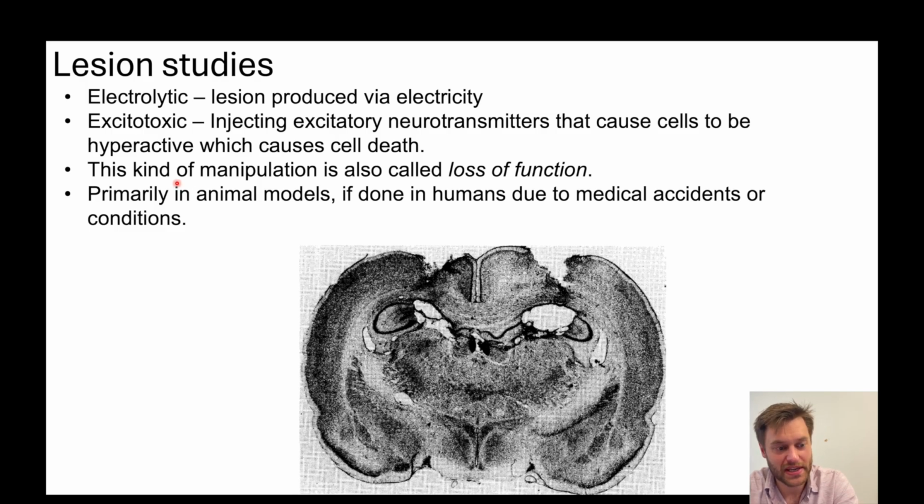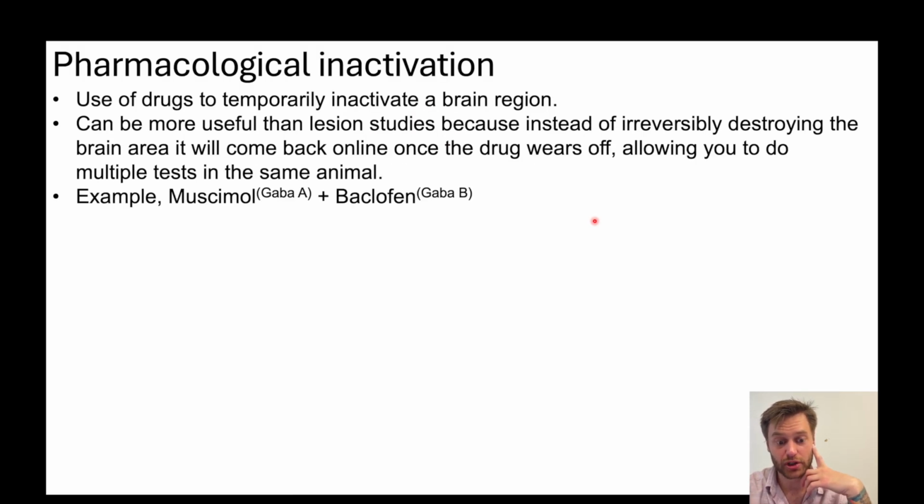What you need to know from this is that electrolytic lesion studies use a physical electrode to produce electricity to then destroy a part of the tissue. You need to know that excitotoxic lesions use chemicals or other excitatory neurotransmitters to produce the lesion. What's actually happening is that you are just removing, or destroying, a piece of the brain.